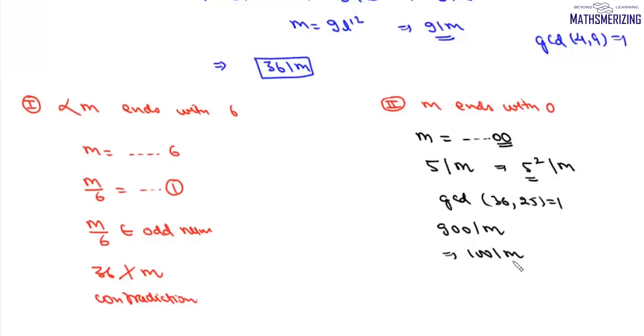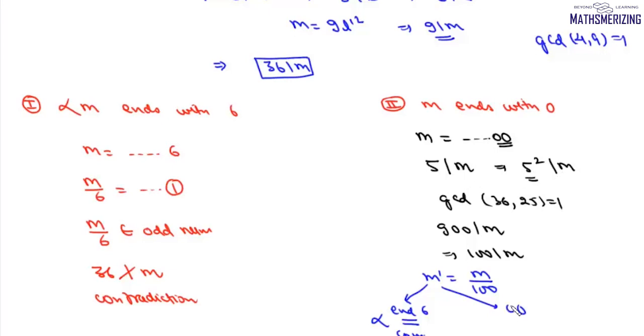Now if 100 divides m, then we can write m' as m by 100. Now this m' either can end with 6 or it can end with 0. Now if it ends with 6, then from the same argument we can say that it cannot be a perfect square. We'll get a contradiction. And if it ends with 0, then 5 divides m' and 5 square divides m'.